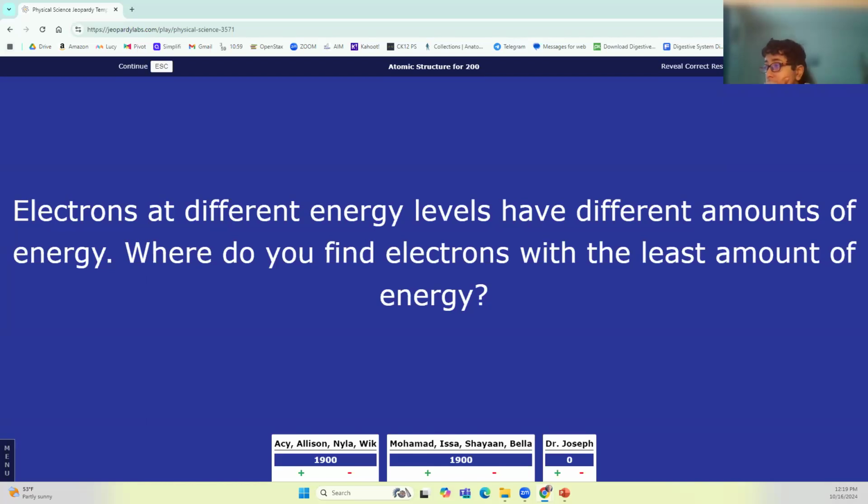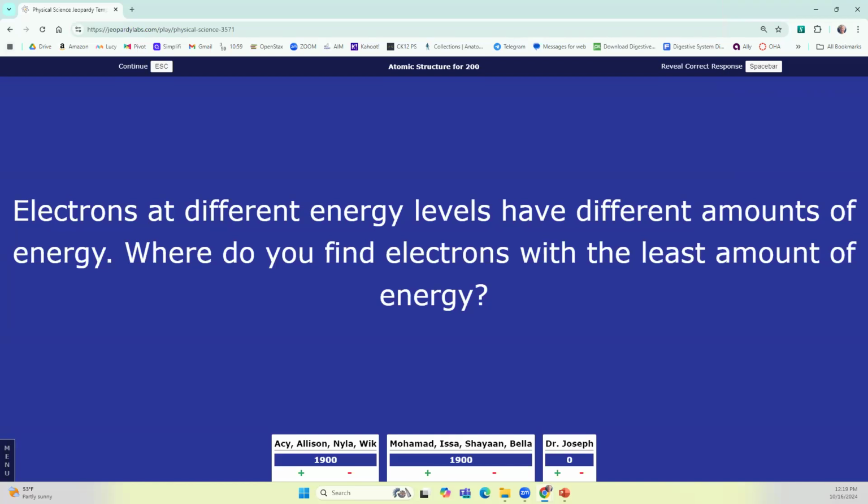With the least amount of energy. Remember, we have those electron shells. Which one has the least amount of energy? Am I allowed to get a hint? You want to help out, Cheyenne? Yes.